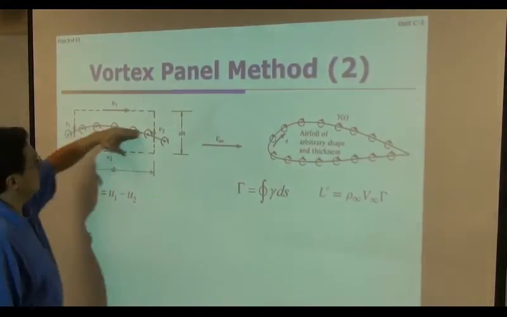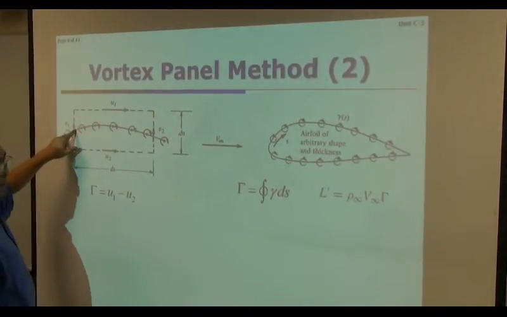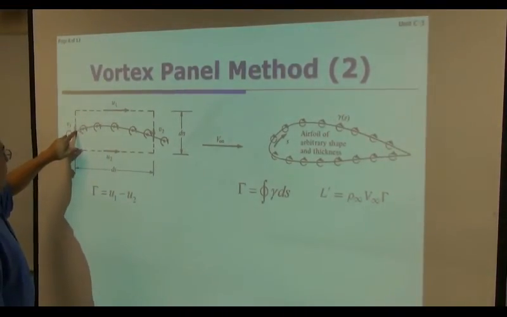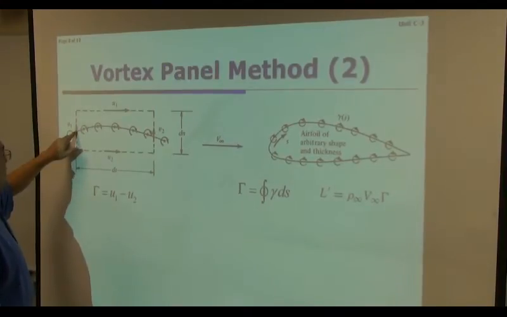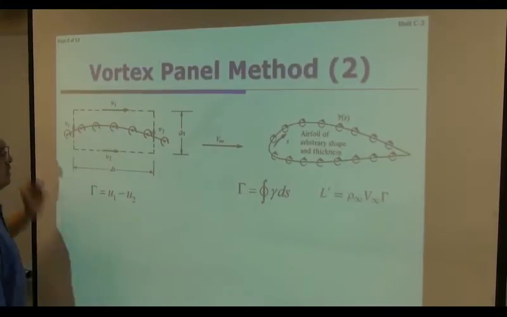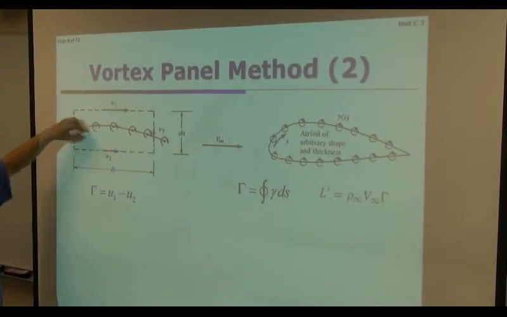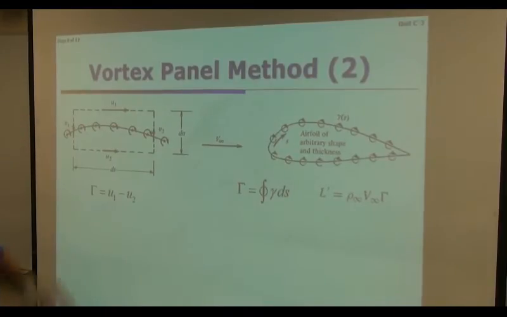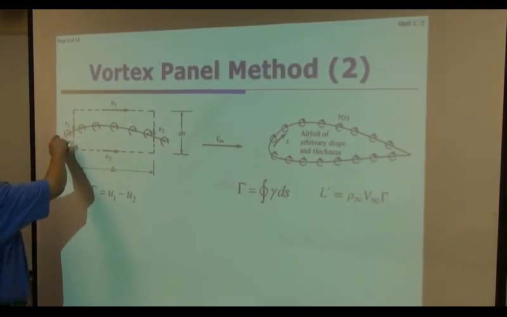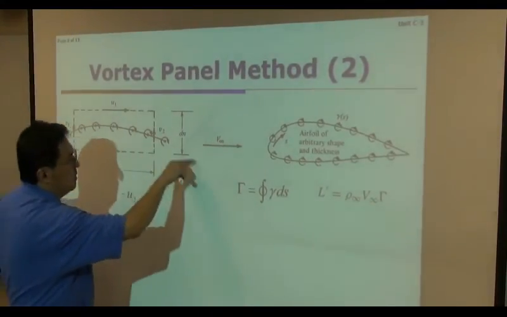So suppose if this is a mean camber line, you are going to use a series of vortex panels to represent the mean camber line. Then you are going to superimpose this mean camber line against incoming free stream. Okay. Then you are going to create stagnation streamline on top and bottom surface of this mean camber line.